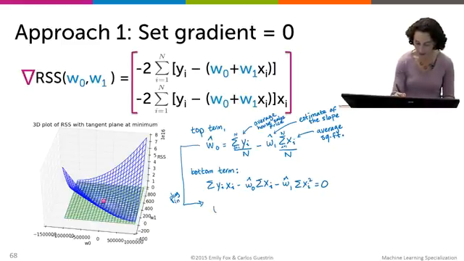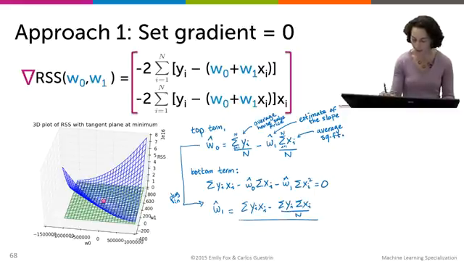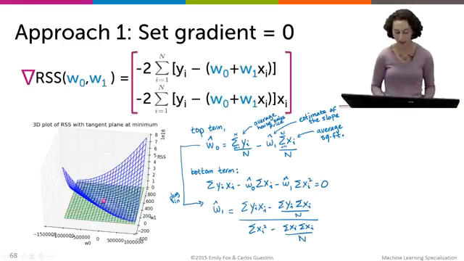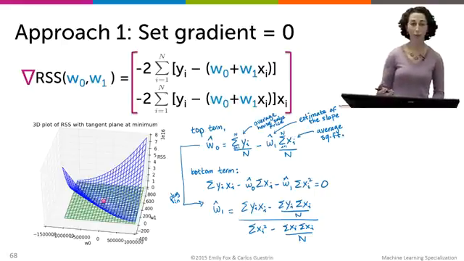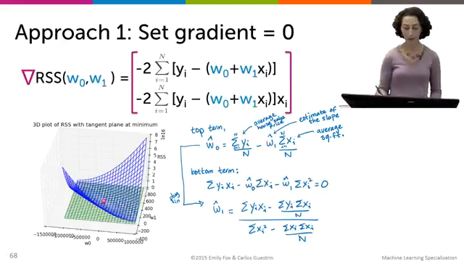And so what I end up getting out is that once I plug W0 hat in terms of W1 and solve for W1 hat, W1 hat is equal to the sum of yi xi minus sum yi sum xi over n, divided by sum xi squared minus sum xi sum of xi divided by n. Okay. Anyway, the point is that it has a closed form, pretty straightforward to go and compute what this is.